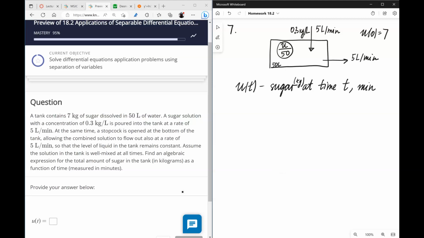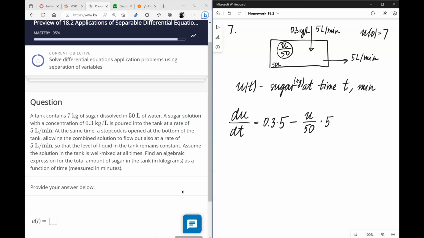So if we're looking at the change of U with respect to time, it's going to be equal to the incoming sugar, which can be computed by taking 0.3 and multiplying it by 5, and subtracting the outcoming sugar, which can be computed by taking the current concentration at time t and multiplying it by the rate at which it pours out.